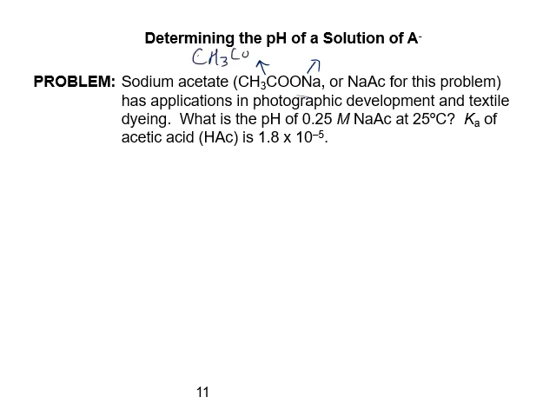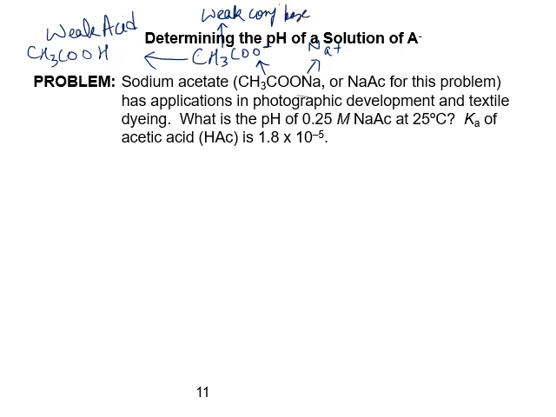So this is CH3COO minus. This is Na plus. These are my two ions. This ion is coming from CH3COOH, which is a weak acid, which means this right here is a weak conjugate base, which will affect the pH and will make my solution basic.